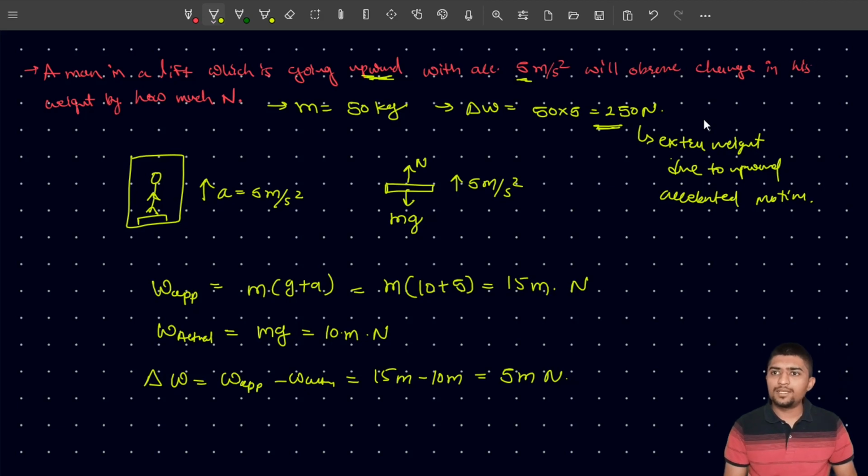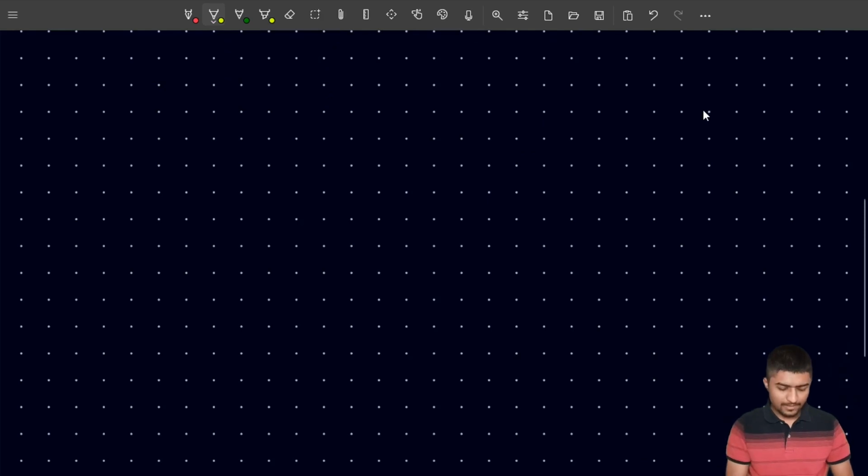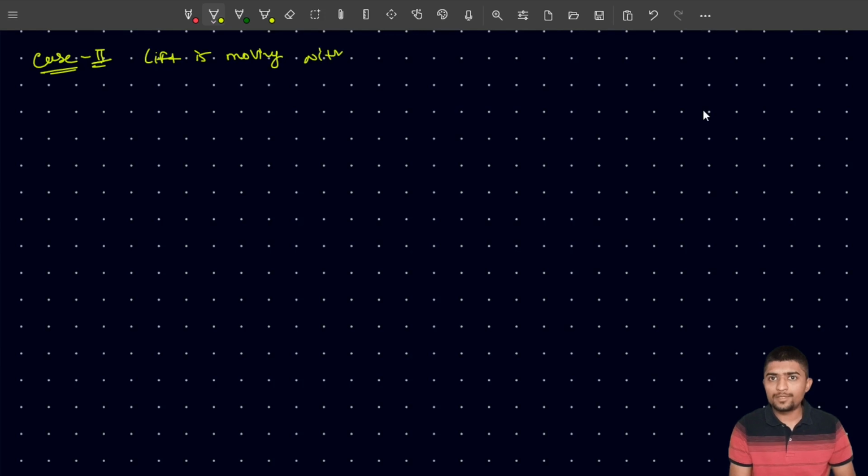Now let's see a case where the lift is moving with constant velocity from first floor. So let's take case 2, lift is moving with constant velocity.